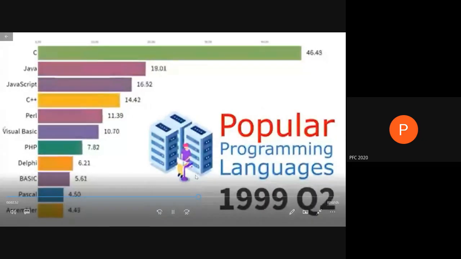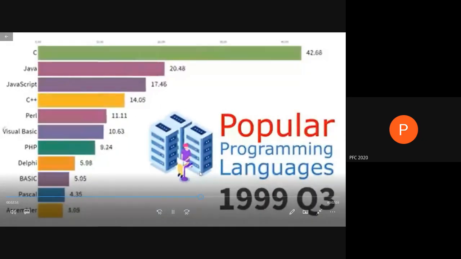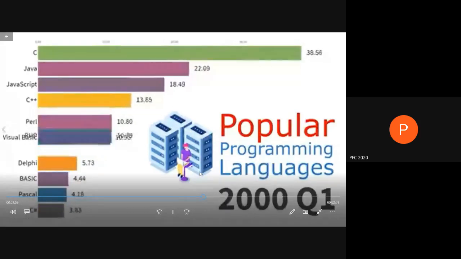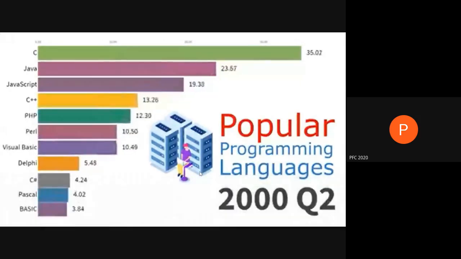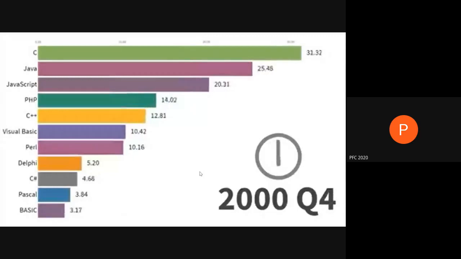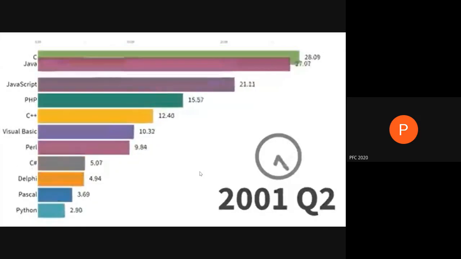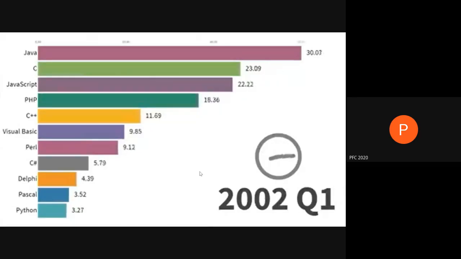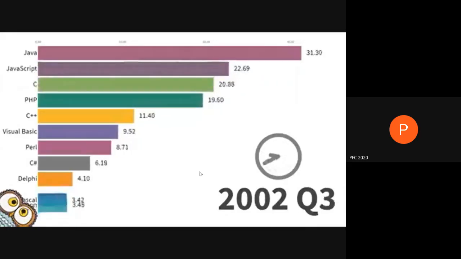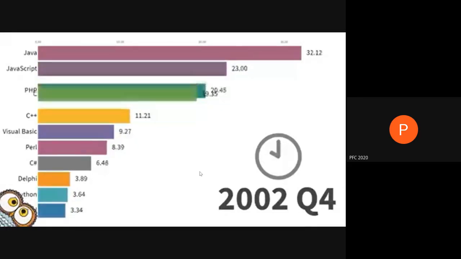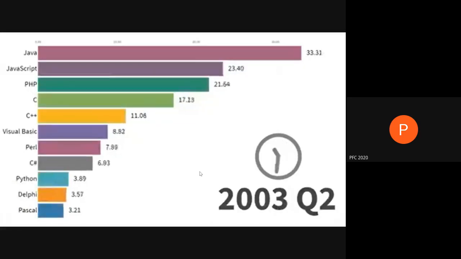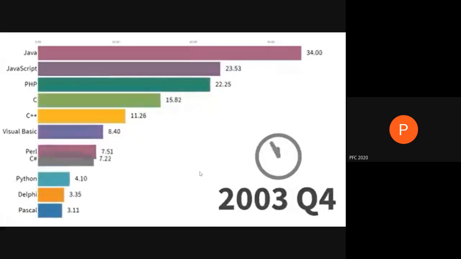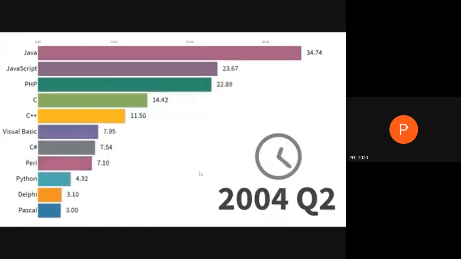I have 2 more minutes, so please bear with me. If nothing else, the visual is quite nice. So Basic just dropped off and Python entered at the bottom, if you can see that, in 2001. In 2002, Python moved over, slowly starting to edge up, but still only 4% of people use it.